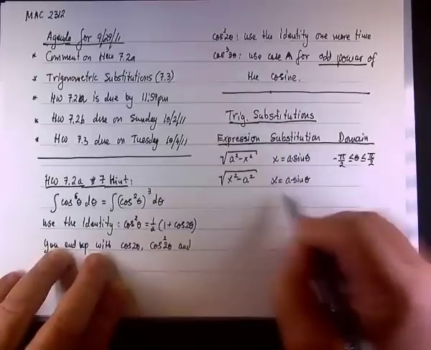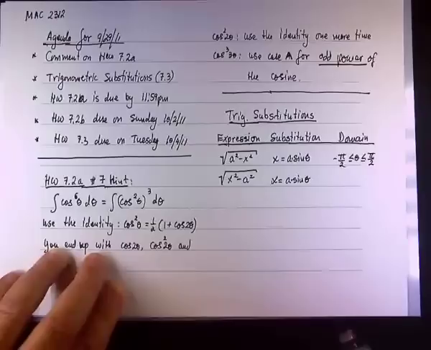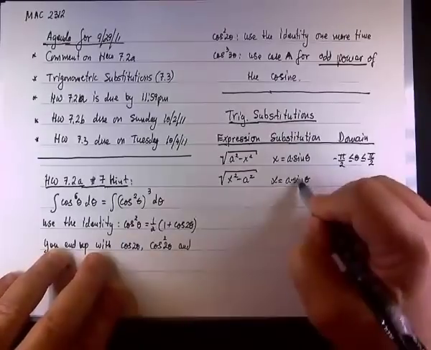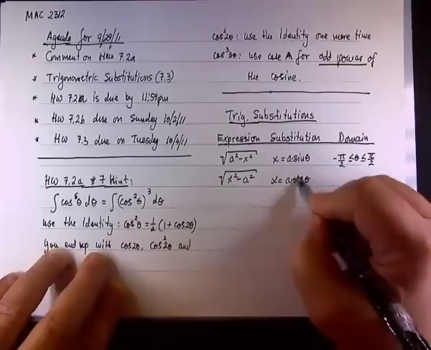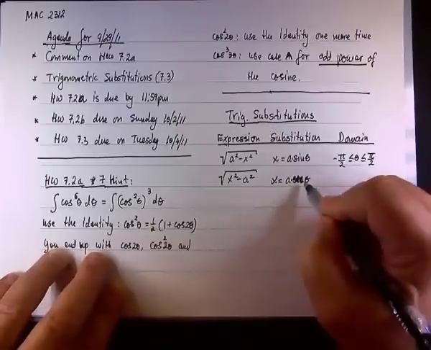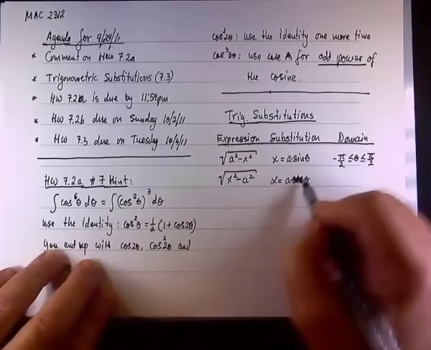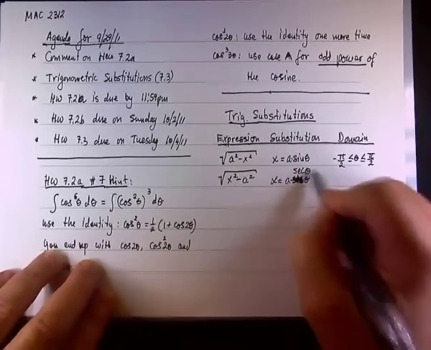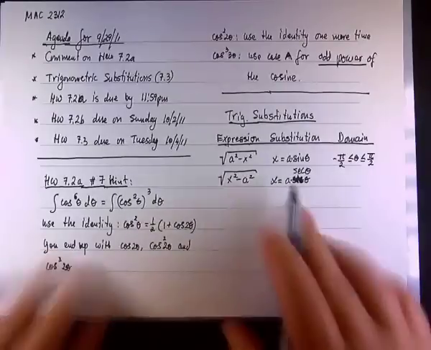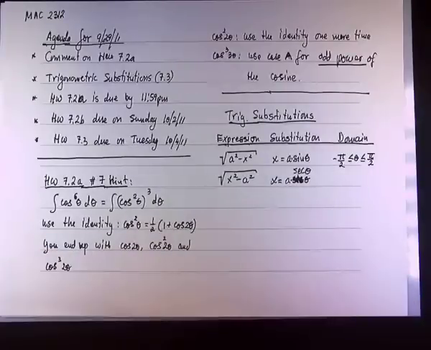So we substitute x with a times the secant of theta. This is a product, it's not the inverse secant, it's a times the secant. This is the secant, you don't see well, sorry about that.